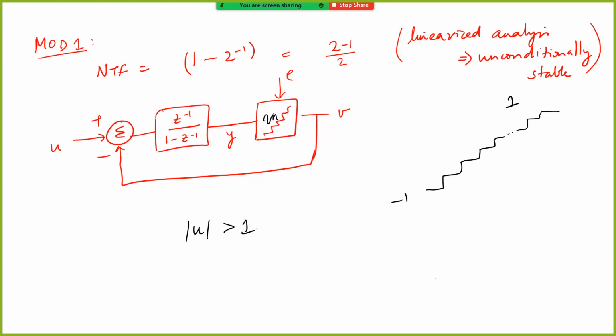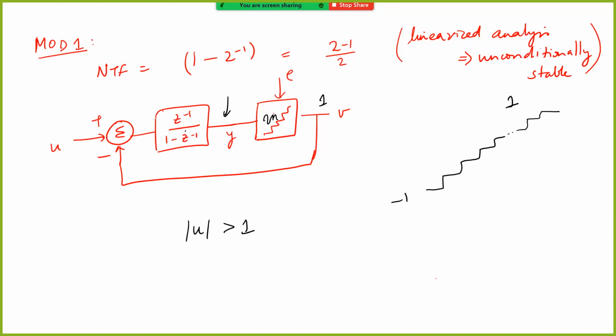So as long as U is less than 1, the loop is basically stable. Although the feedback will be 1, what will happen to Y? Y will keep increasing, not necessarily exponentially, because this is an integrator.